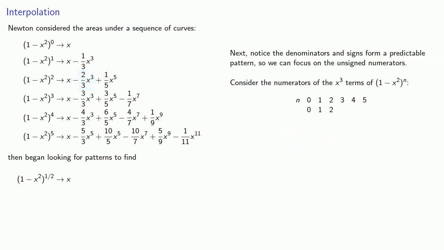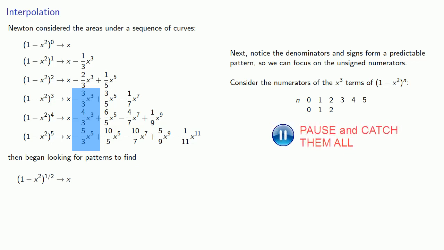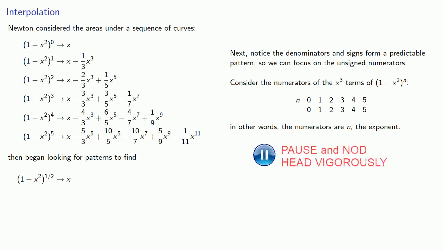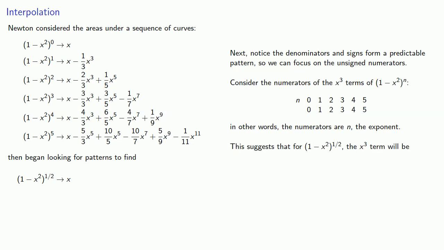If n equals 3, 4, or 5, our numerators are 3, 4, or 5. And it's pretty easy to see that there's this nice pattern emerging. The numerators are n, the exponent. And this suggests that for 1 minus x squared to power 1/2, the x cubed term will be negative 1/2 over 3 x cubed, negative 1/6 x cubed.